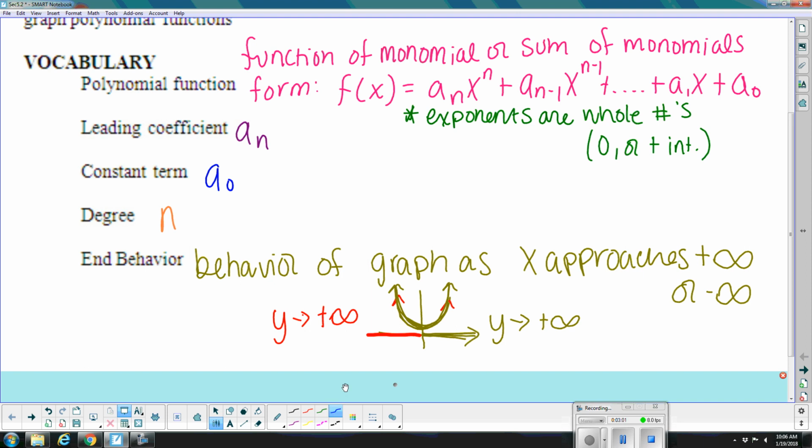As x approaches infinity, our y values also approach infinity, and that's what we're looking at when we're looking at end behavior. If you look at x as it approaches negative infinity, y approaches infinity. So the y values are still increasing even though the x values are decreasing. We're going to focus on that, not just with quadratics, but with polynomial functions as well.